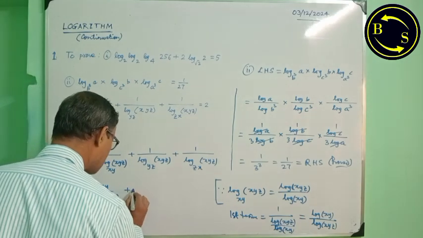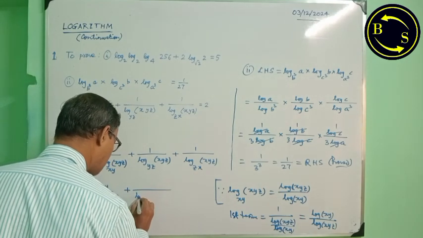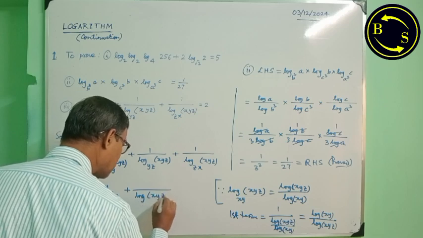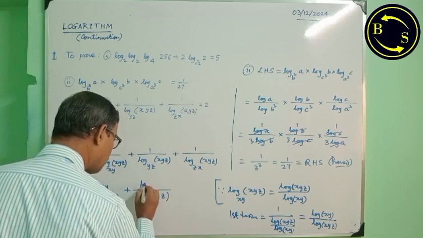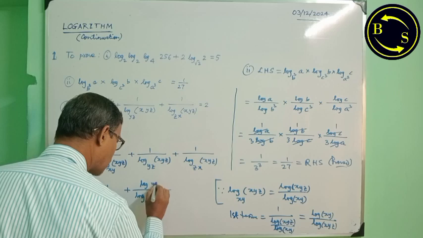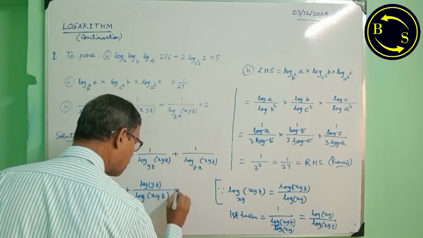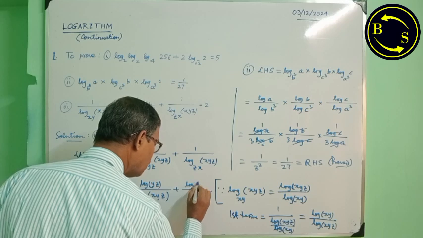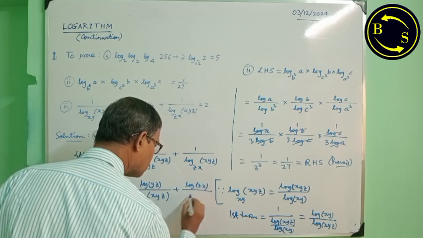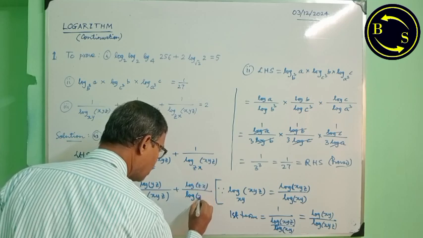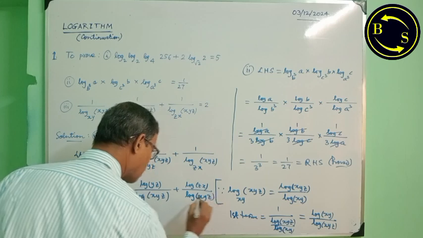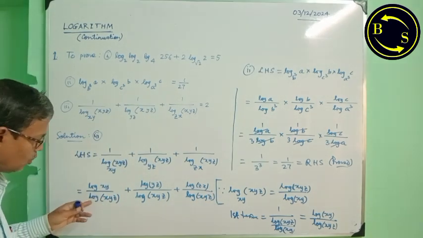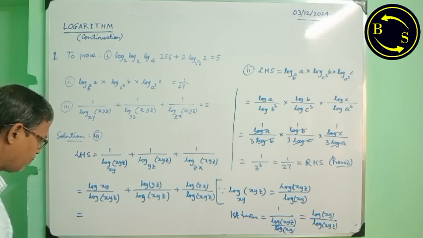Plus log of yz by log of xyz, plus log of zx by log of xyz. We find all denominators are the same.